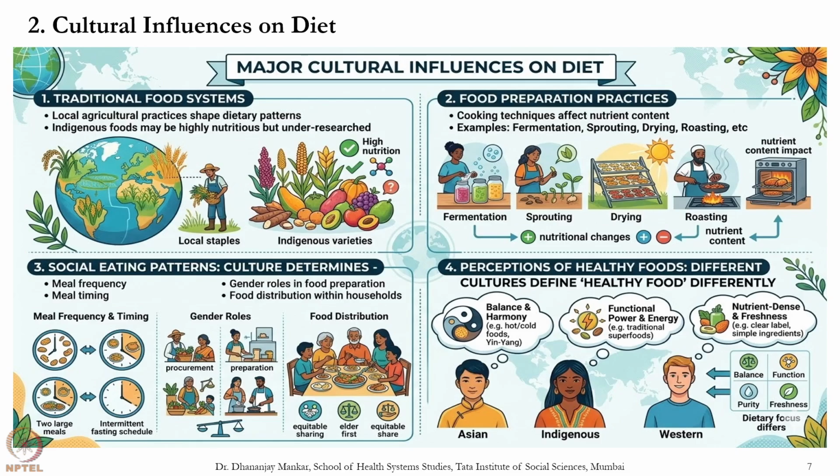Clear labels and simple ingredients are seen as a balance along with function, purity and freshness. These four aspects are the dietary focus that distinguishes the Western concept of nutrient-dense, fresh food.